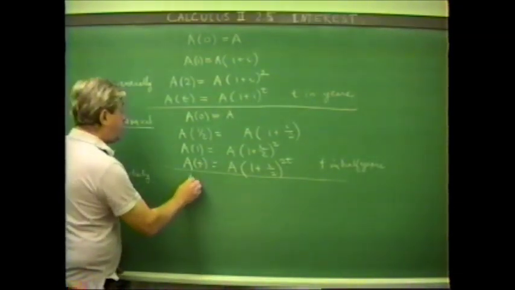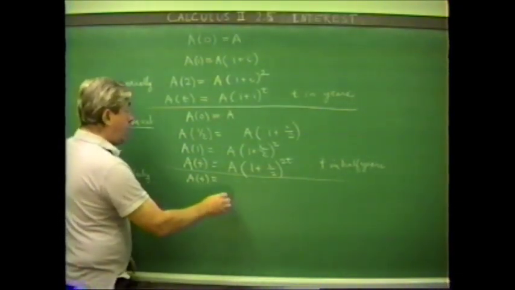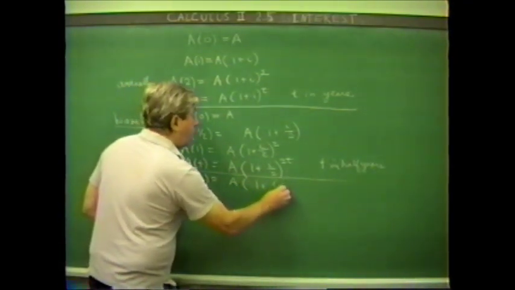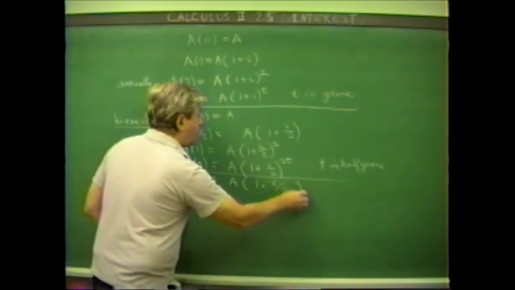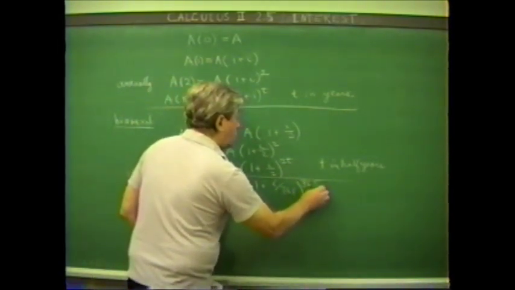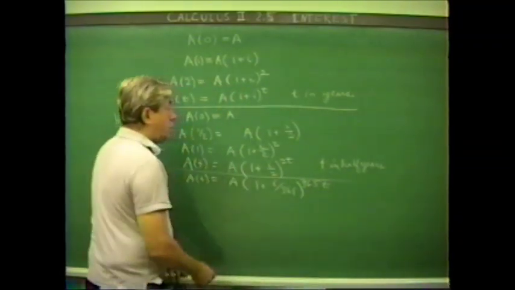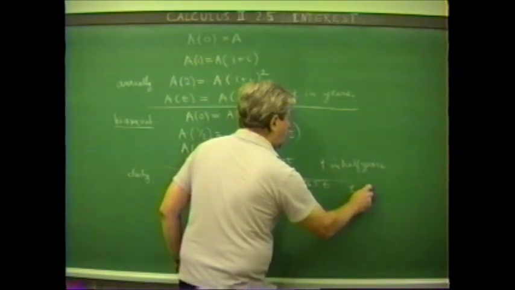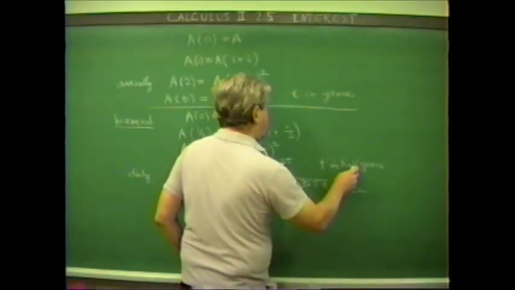Daily interest. A of t is going to be equal to A times 1 plus i, divide i into 365 parts and apply it 365 times t, where t is in years.